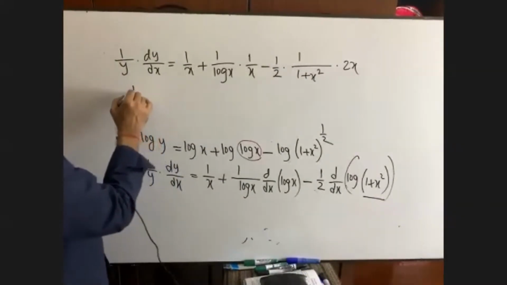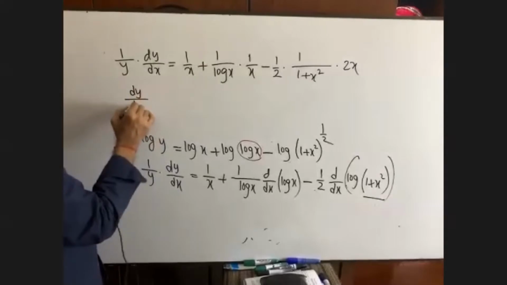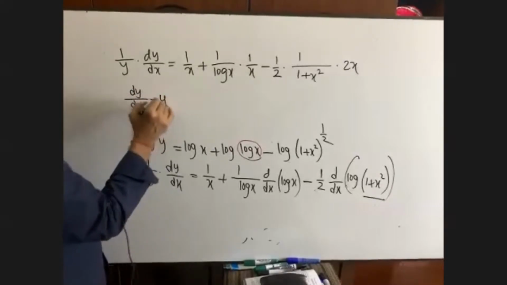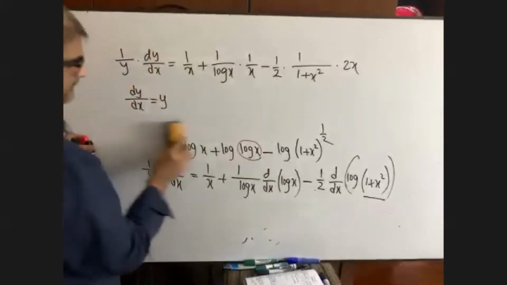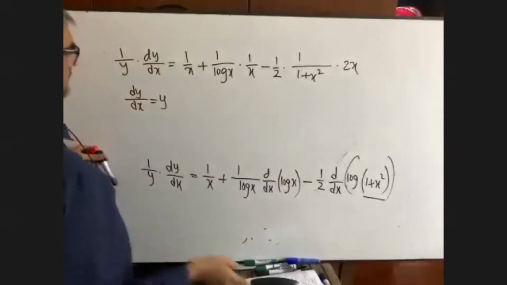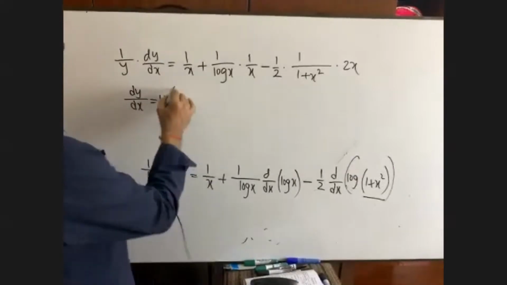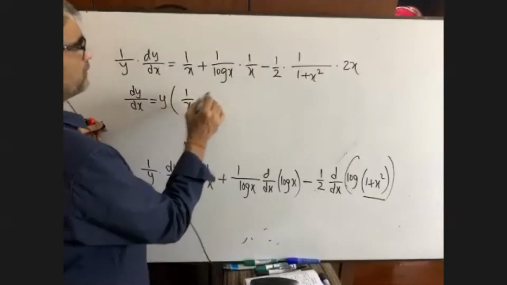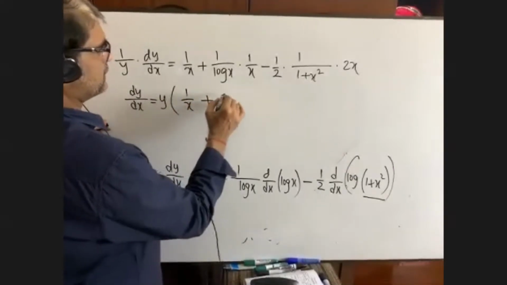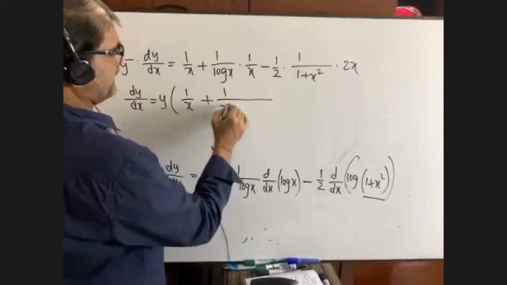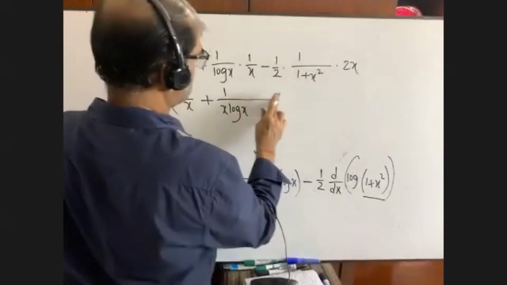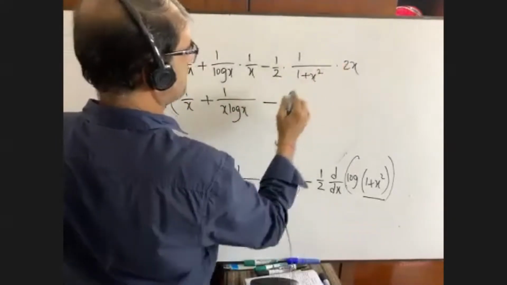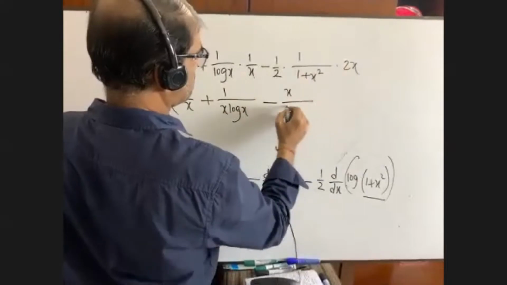So we have to find dy by dx is equal to y, first bracket, 1 by x plus 1 by x log x minus 2 will be omitted, x by 1 plus x square.